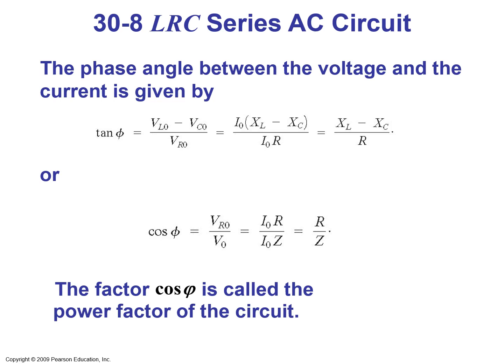It's given by I0 times (XL minus XC) divided by I0 times R. The I0's cancel out, and we have XL minus XC over R. Or cos phi is equal to VR0 divided by V0, which is I0 times R divided by I0 times Z, which is resistance R divided by impedance Z. The factor cos phi is called the power factor of the circuit.